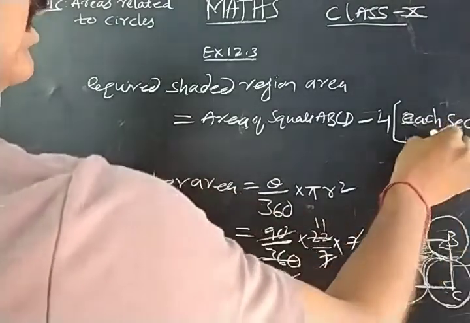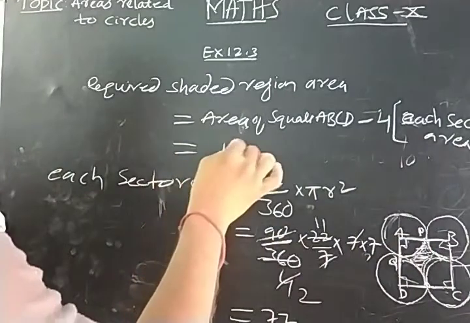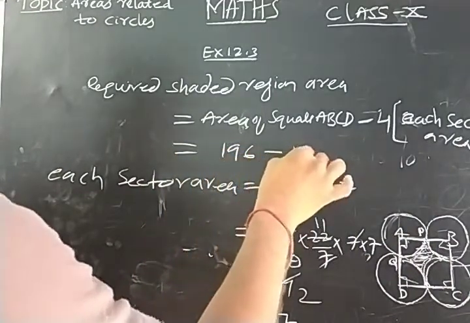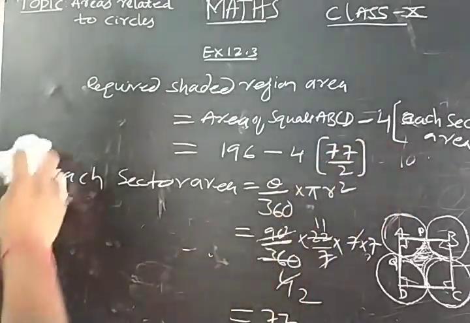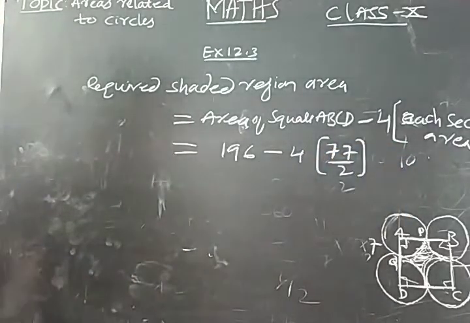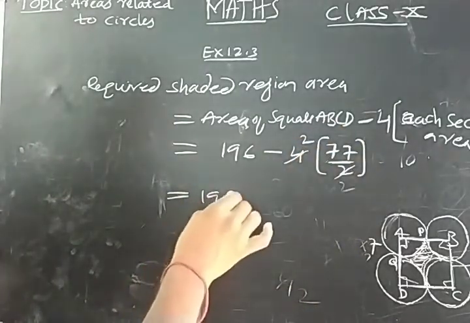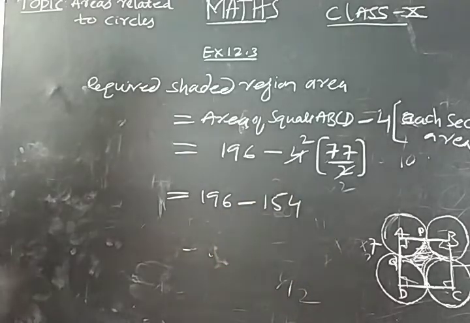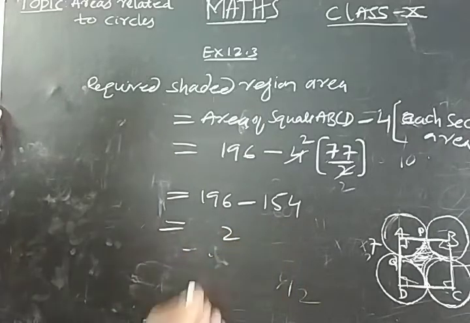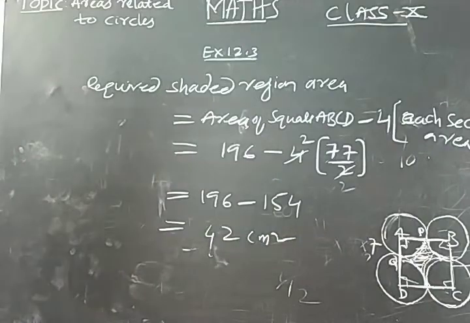So the square area we already got is 196, minus 4 into each sector area, 77 by 2. Right? Now by simplifying, 2 the 196, 2 7 the 14, 2 7 the 14, 154. By subtracting, we get 42 centimeter square, which is the required shaded region area.